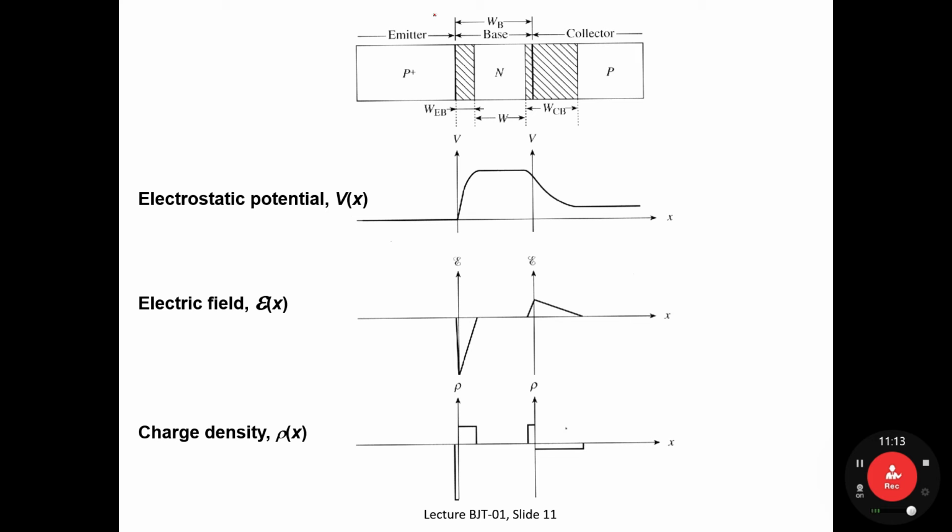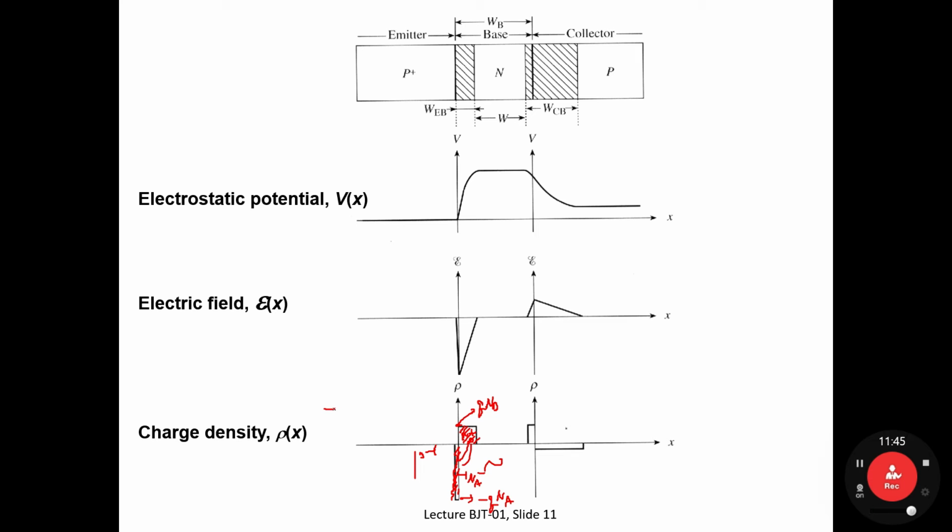As we have already learned, in the charge density plot of the P plus N junction, the donor is positively ionized, and the acceptor is negatively charged, which is minus Q times N sub A, and this value should be Q times N sub D. And if I estimate the area of both sides, the area should be identical.